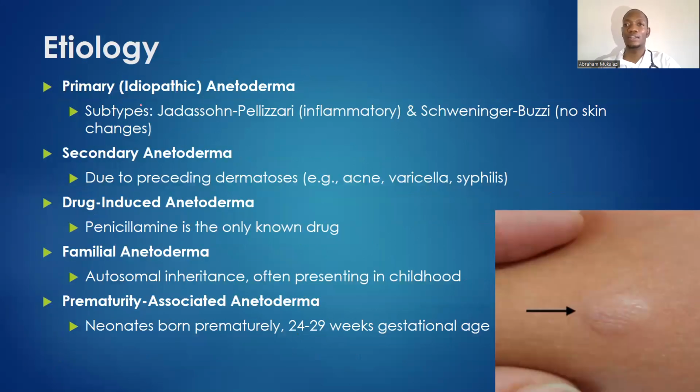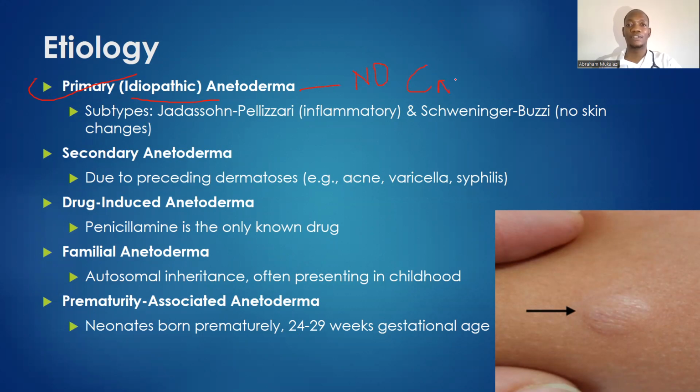The etiology, or the different causes of anetoderma, has been classified into five groups. First, we have the primary, which we also call idiopathic. Previously, under primary, we had two, the Jadassohn type and the Schweninger-Buzzi type, but currently this classification has been phased out. So we just say it is primary or idiopathic anetoderma if you're not able to identify a cause.